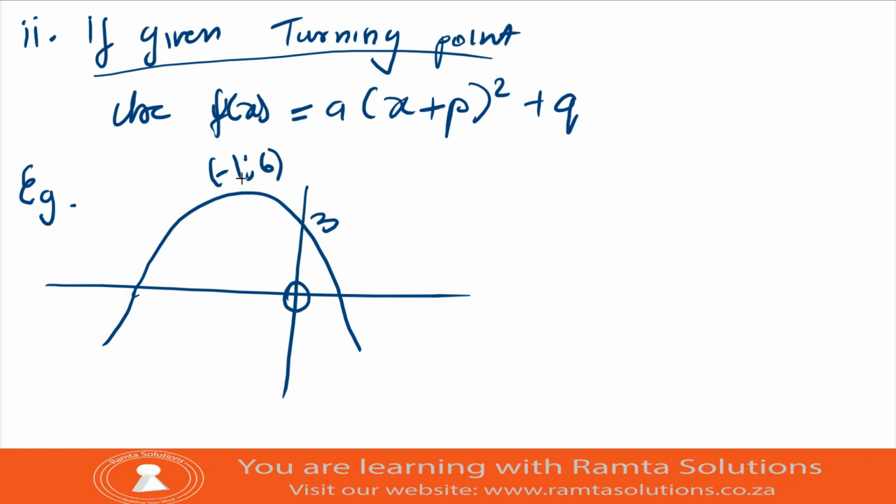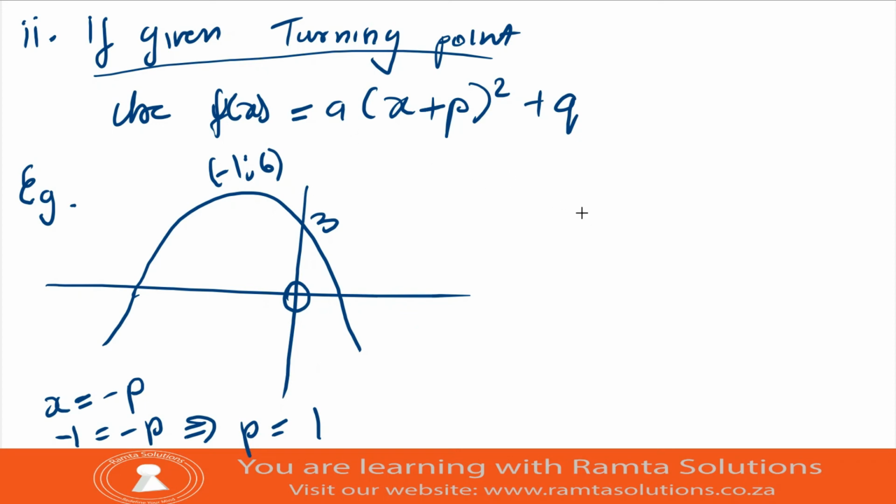What I know is that the axis of symmetry is an x value, equal to -1. I said the axis of symmetry is x equals minus p, alright? So what is your axis of symmetry? It is -1, alright? So this means your p value is 1. And indeed, that's what I had said.